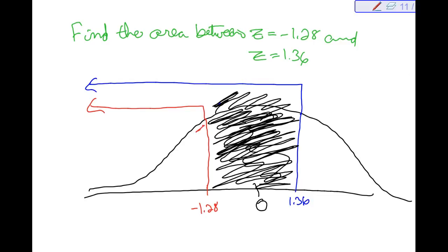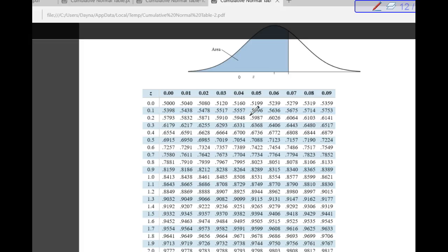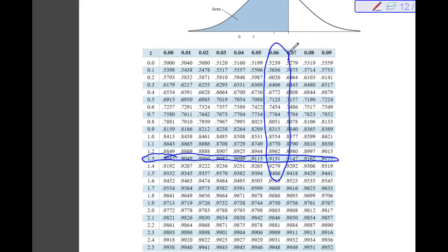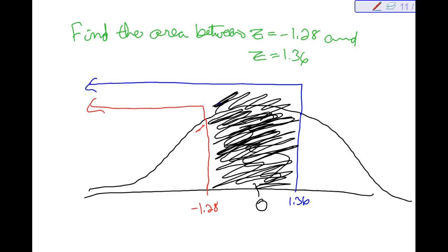So let's look up 1.36. So 1.3 and a 6 gives me 0.9131. Then I'm going to look up a negative 1.28.